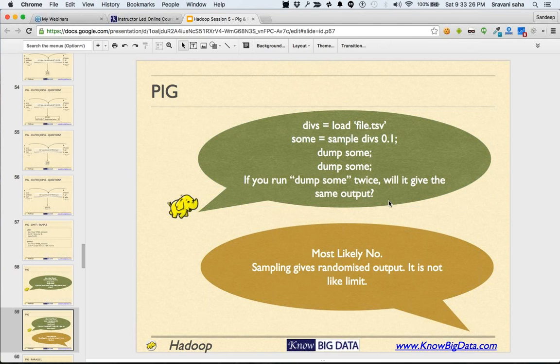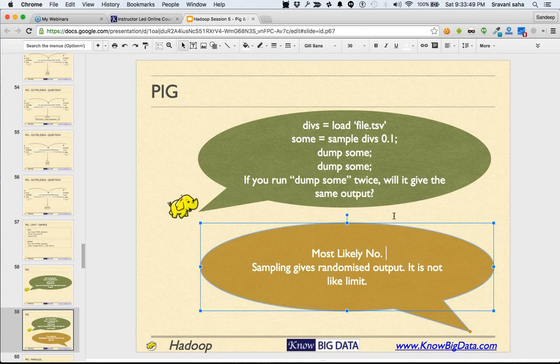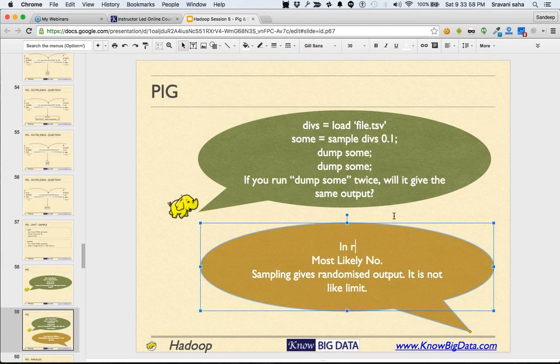Basically, the random numbers are being computed while the sample command gets executed. Okay, so that is an irony of the situation, that this particular problem had changed in a couple of last versions. So as of today, yes, both will have the same output, in recent versions.